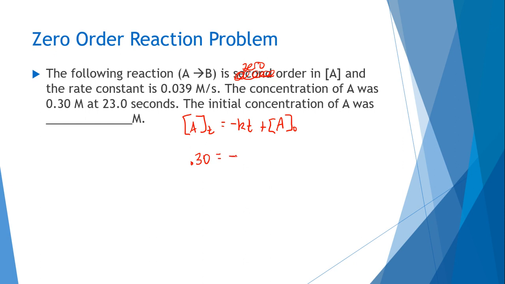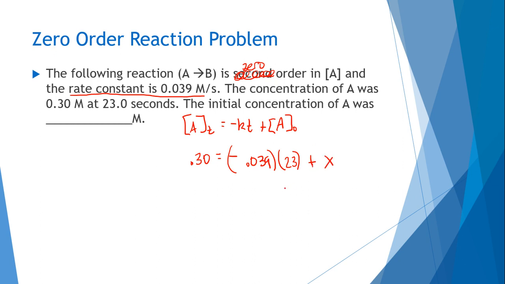So 0.30 equals negative. Here, my K value, it says my rate constant was 0.039. So I'm just going to plug that in for K. And then here it says 23 seconds, so I'm going to plug in 23 there, plus my initial concentration, which is what I'm trying to find.